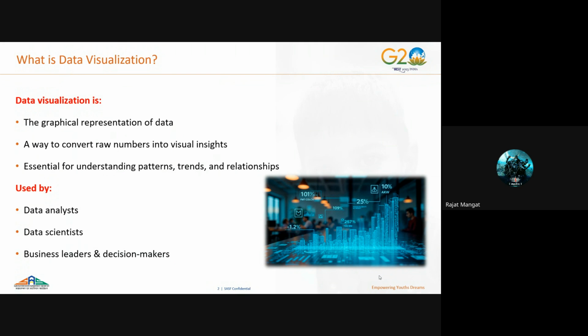A data scientist wants to make predictions based on the prediction model that they will build from this data. Business leaders and decision makers will see that if our sales are decreasing in one region, what should be the changes in the policy in order to boost the sales, or if it is efficient to sell in that region in the long term although we are facing losses. So these are the decisions that they make based on how the data looks.